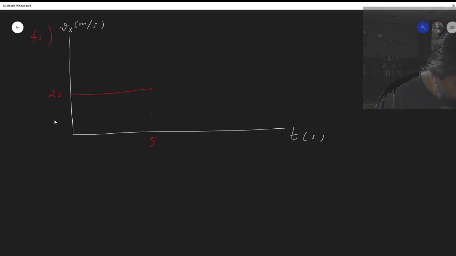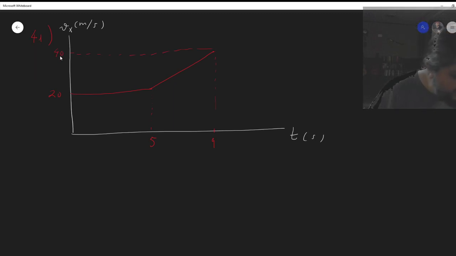And between 5 and 9, there's a steady increase in the velocity up to 40 meters per second.